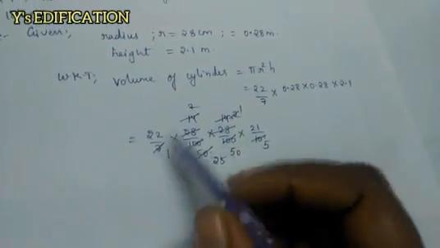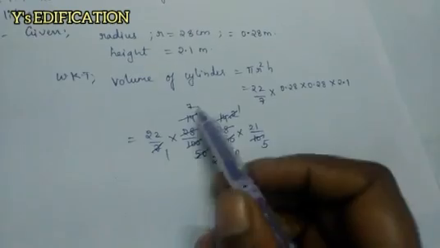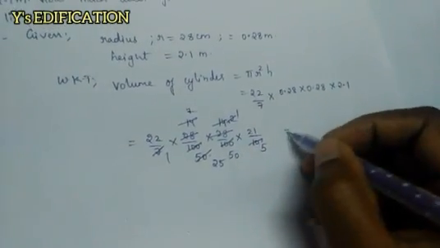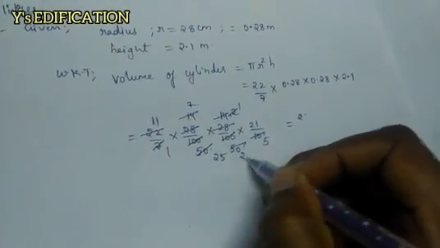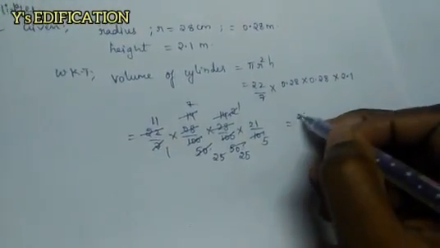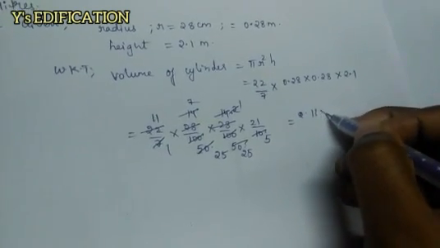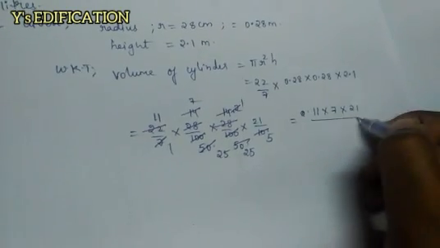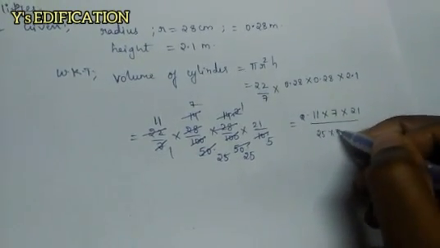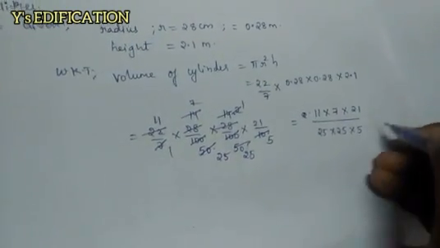Okay, any more cancellation? 22 into 7 into 21 by 20. You can cancel this 22. 2 into 11, 2 into 25. That means 11 into 7 into 21 by 25 into 25 into 5.